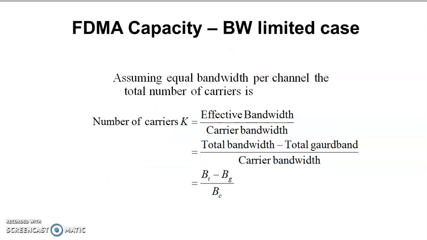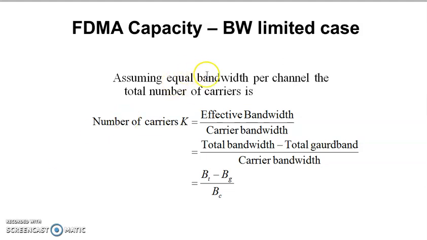Now we can find out the capacity in the bandwidth limited case. Assume equal bandwidth per channel, and the total number of carriers. You can find out using the total bandwidth and total guard band, and the carrier bandwidth for the given system. But here we have equal bandwidth per channel.